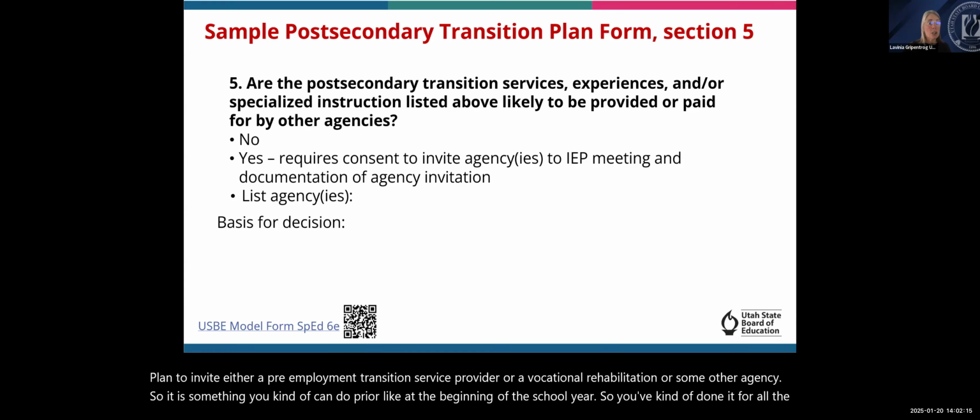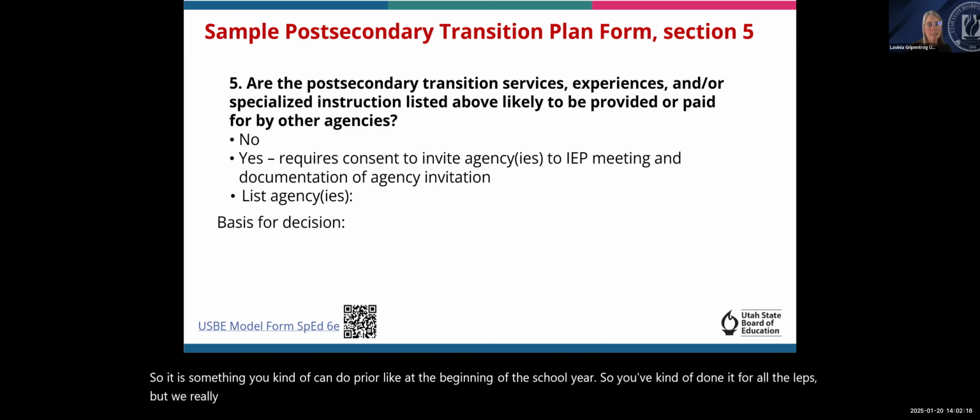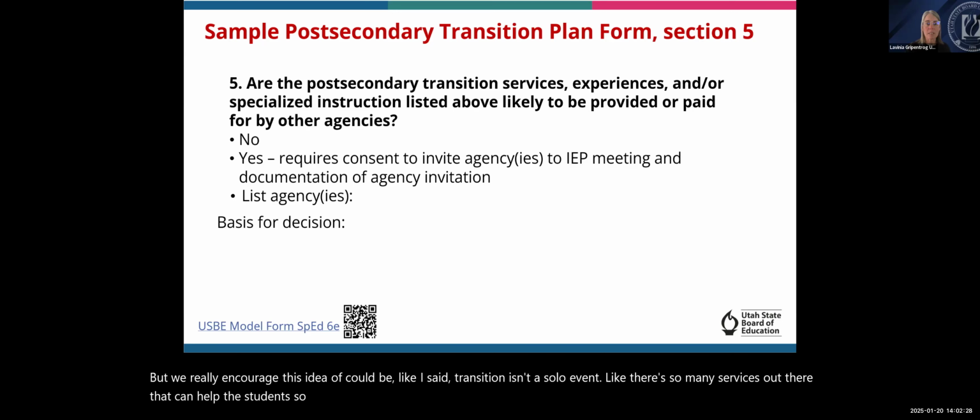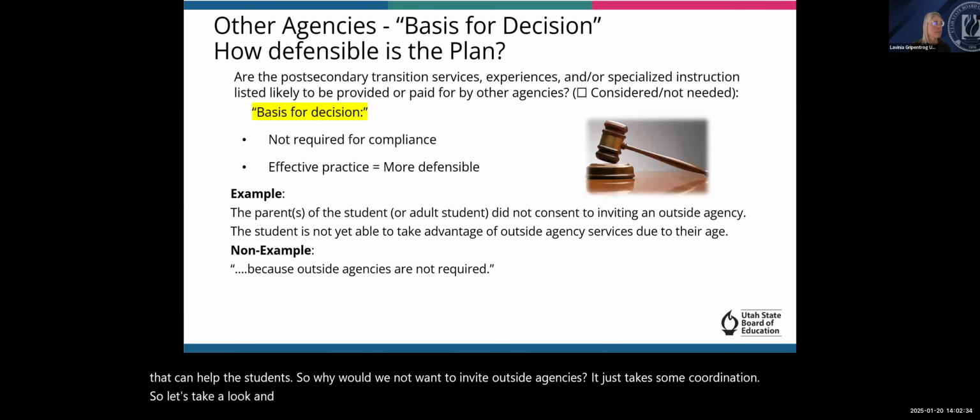But we really encourage this idea of, like I said, transition isn't a solo event. There are so many services out there that can help the student. So why would we not want to invite outside agencies? It just takes some coordination. So let's talk a little bit about what that means.